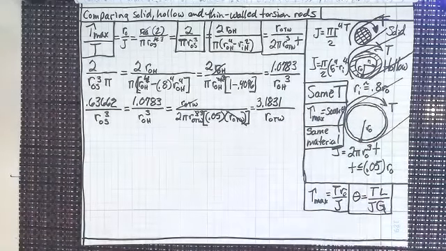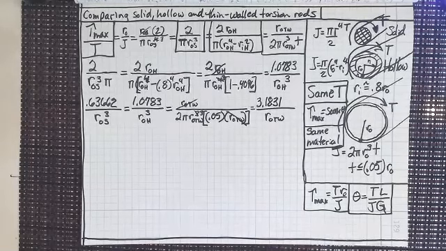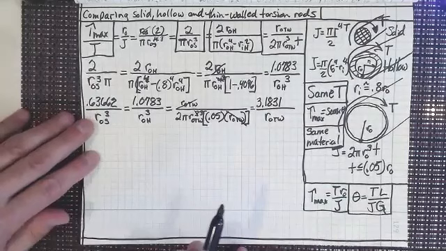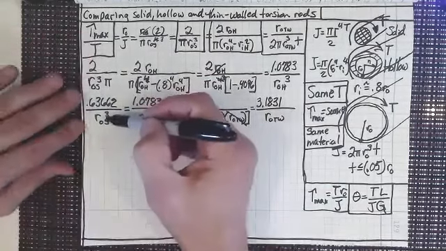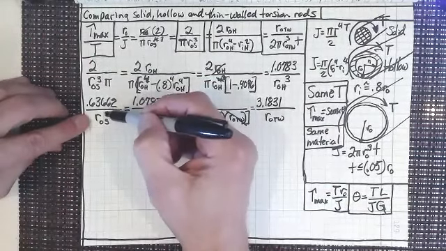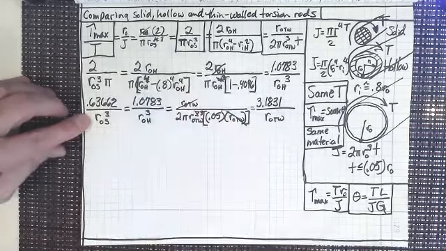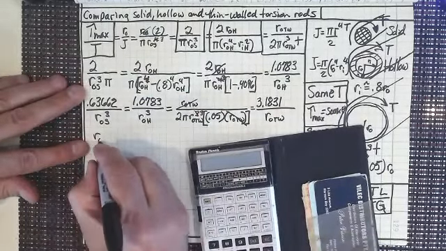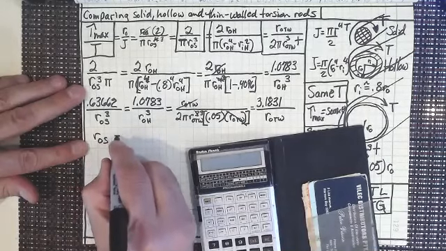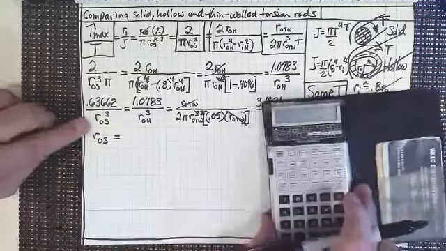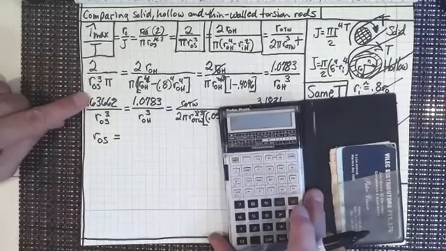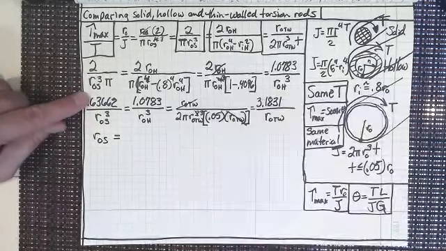So we can now compare how the radii of these individual things are going to compare. And so what I want to do is just take the reciprocal of this, right? So that I end up with R outer solid. I'm going to take the reciprocal of this and then take the cube root of that.